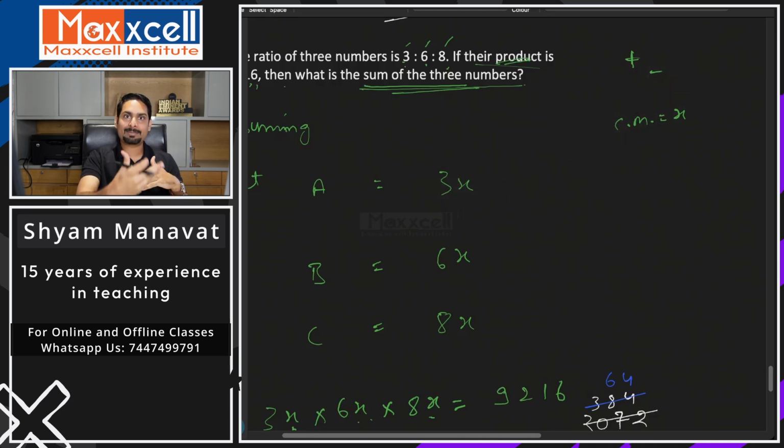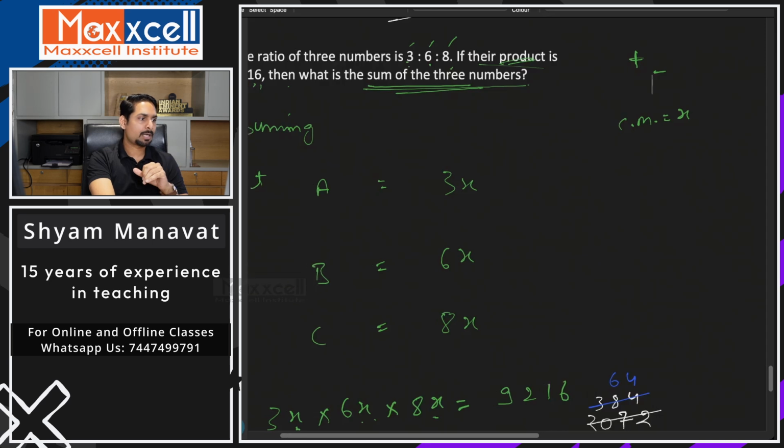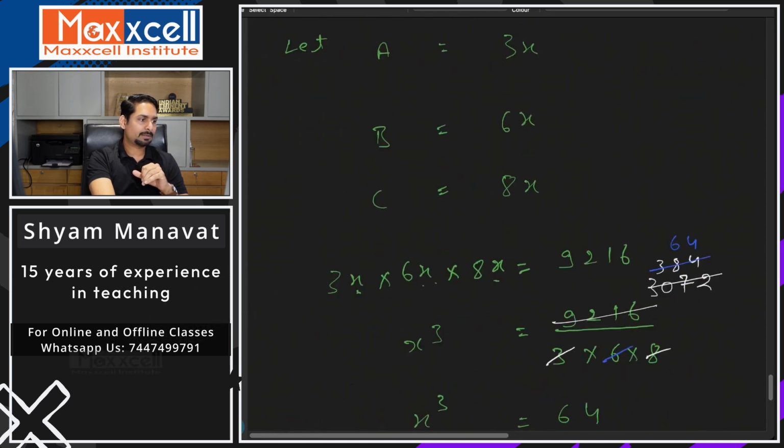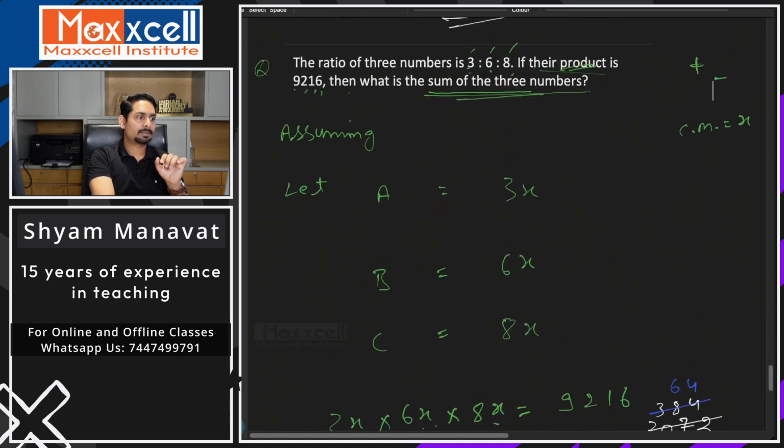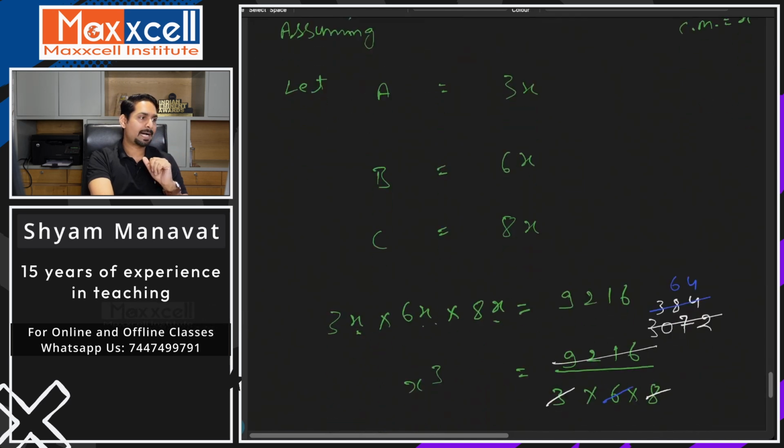But if it is multiplication, then don't use it, because you have this common multiple also multiplied. Okay, the bottom line is, when you have difference, you can use the chain rule. When you have addition, you can use the chain rule. But if it is multiplying, product of the numbers or the division of the numbers, I suggest to take the assuming method. Okay.